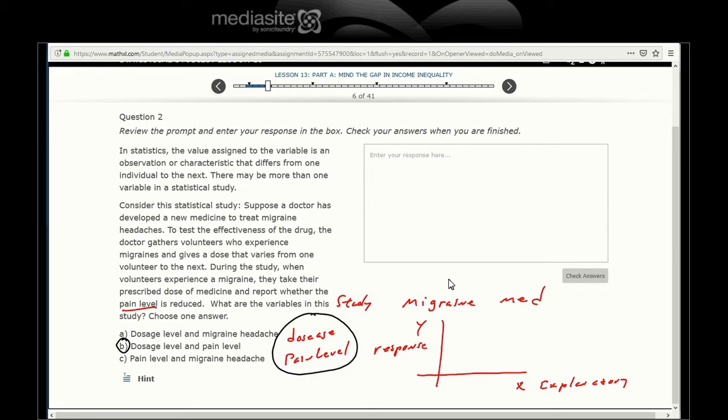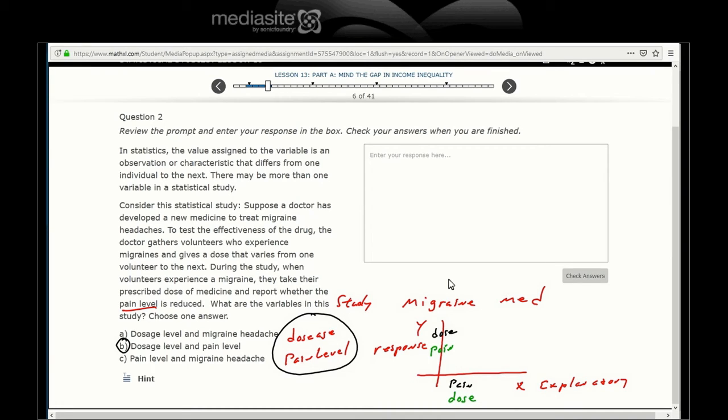But thinking ahead, what makes sense? To have the explanatory being pain? Well, based on the pain, that's going to dictate the dose. Would it make more sense to have it based on the dose given, and with dosage measure the pain? That's probably going to be the next question.